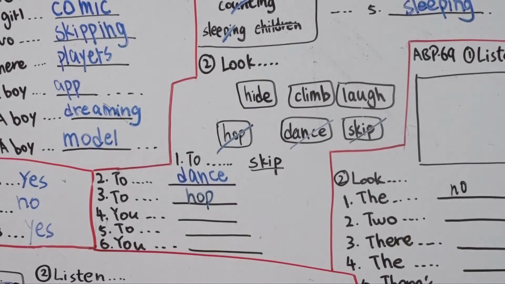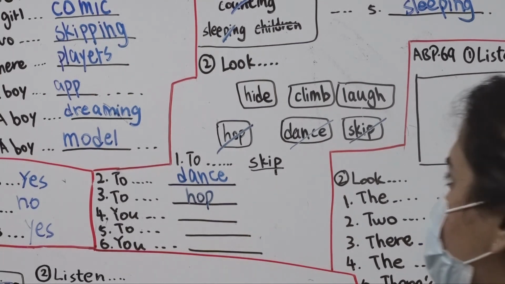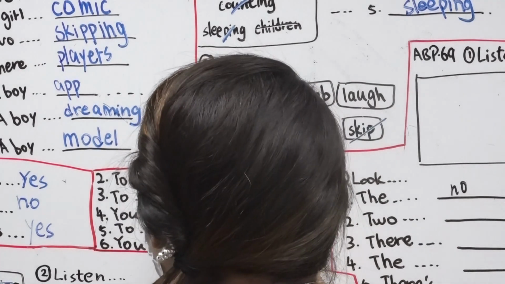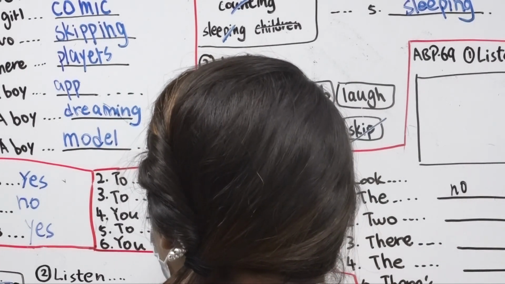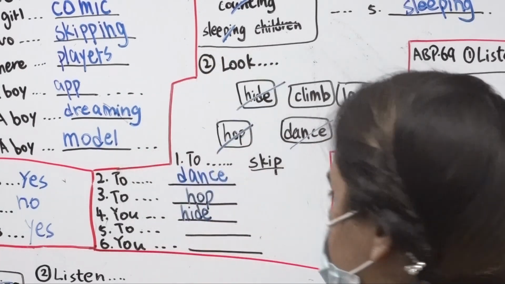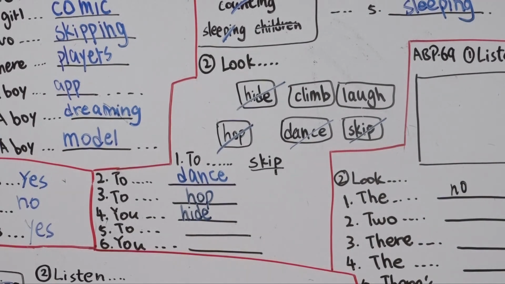4. Read. You do this when you don't want anyone to find you. That is hide. Right? Five, to go up a tree or a mountain.